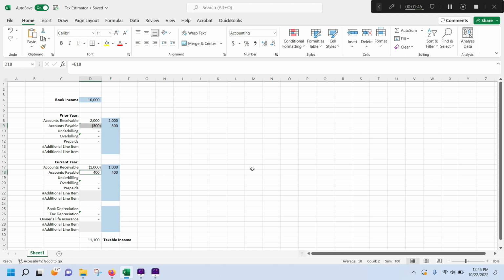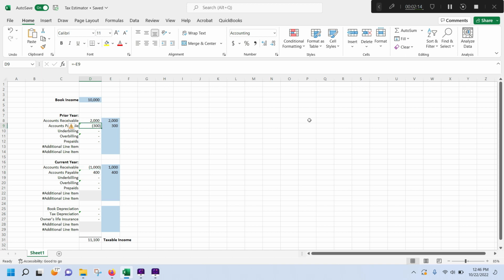Now, the difference here is $100. Again, similar to the accounts receivable, this is just a liability. We find the net to be $100. That's the difference we're going to add back to the income. Last year, we couldn't take credit for this accounts payable because obviously the cash had not moved last year. So we had to add it back, just like as we're adding it back this year.